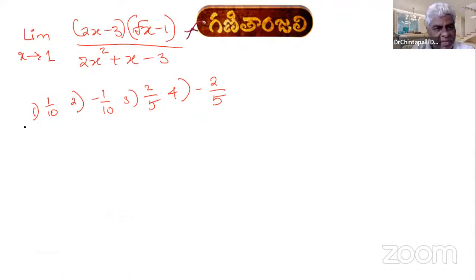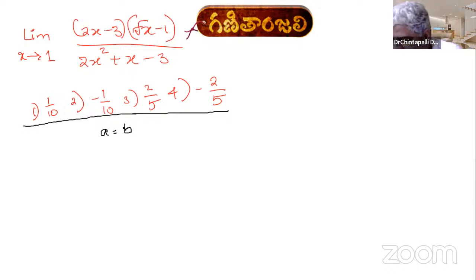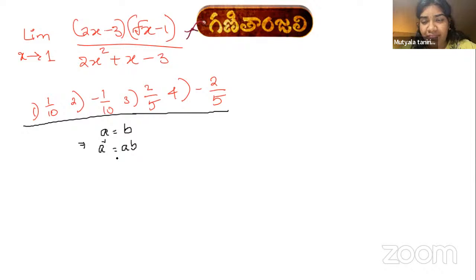See, we are doing an interesting calculation. Let us take A is equal to B, right? Multiplying both sides by A: A square equals BA.